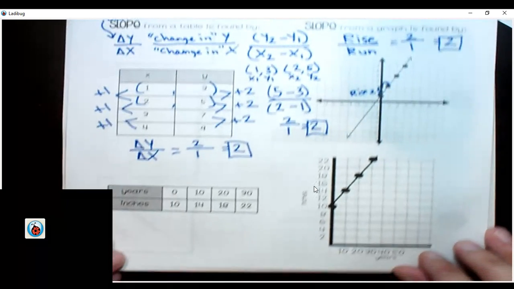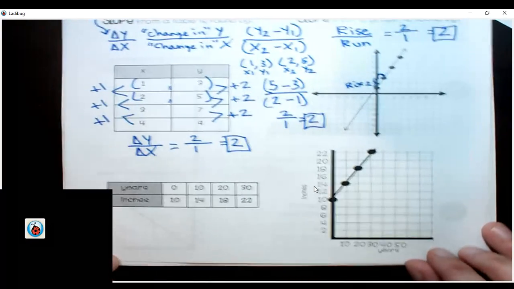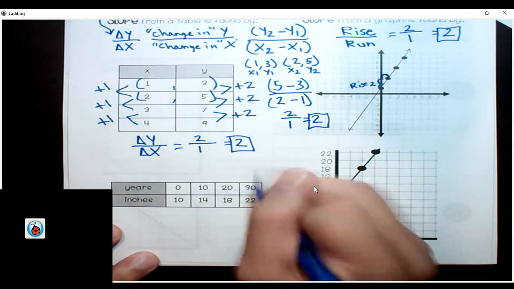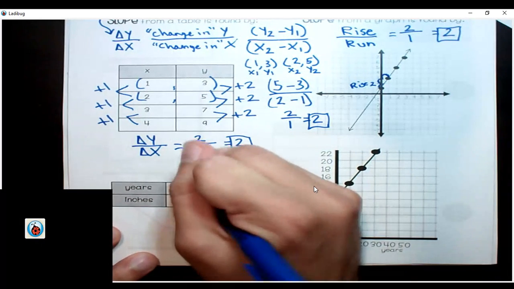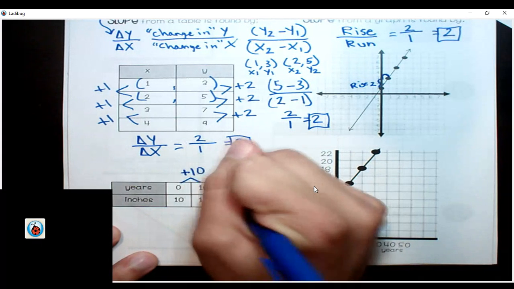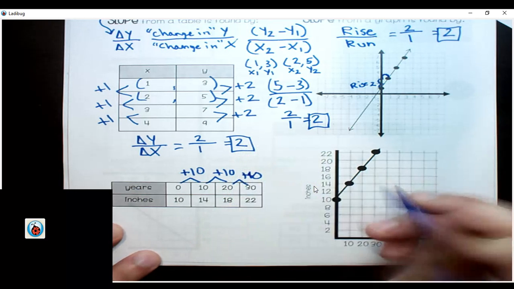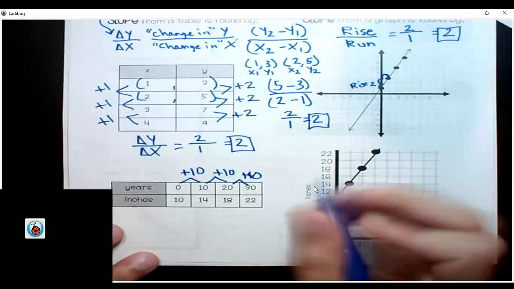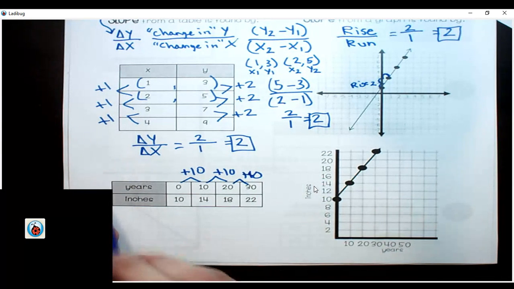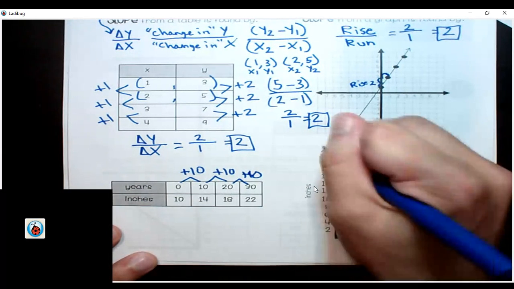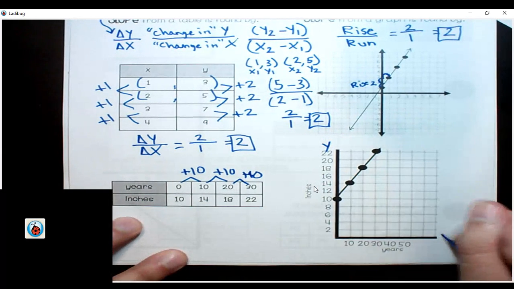Let's take a look at this other chart. We have 0 to 10, 10 to 20, 20 to 30. So we know that's adding 10. It's also adding 10, and adding 10. You also want to identify your x and y. It gives you the graph as well. Inches is going to be your y, so remember, that's your y axis, and this is your x axis.